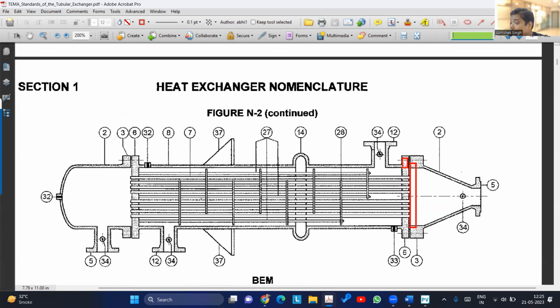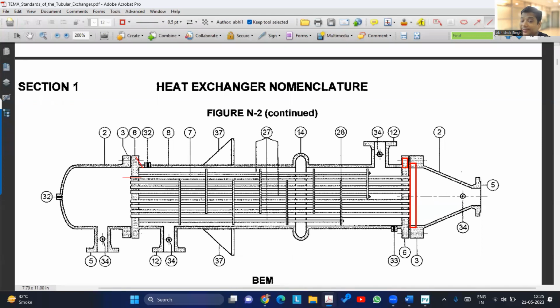In hydro, which are the areas which are checked? Shell outer surface will not leak. No, shell area we don't check. What we check? The joints. Even the long seam and circ seams, you will not have any leakage. The leakage possibility is between tube sheet and tube. That is one possibility.